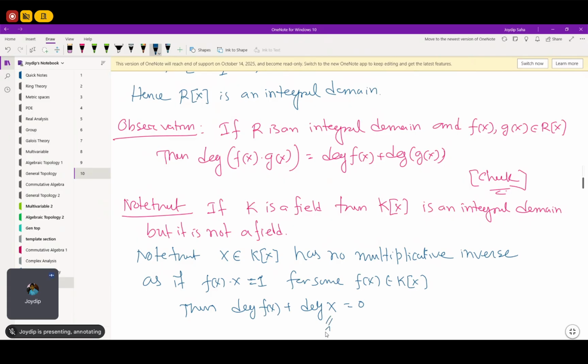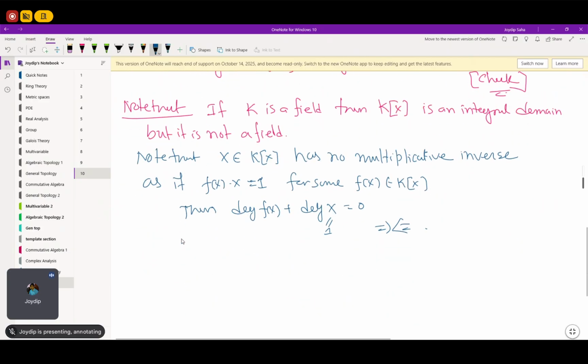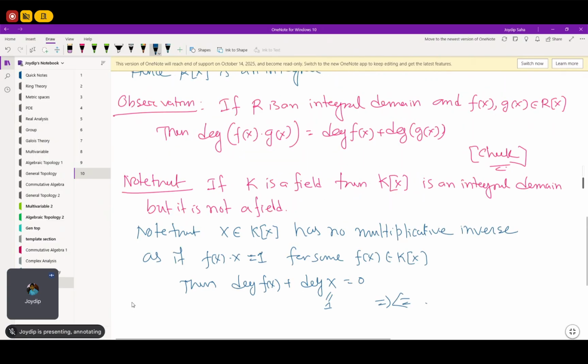But the degree of x is 1, a contradiction. Okay, any question?